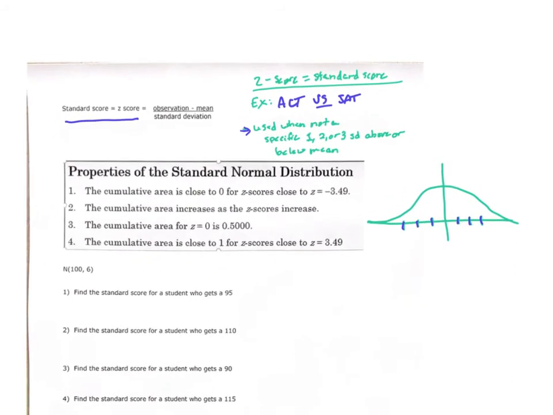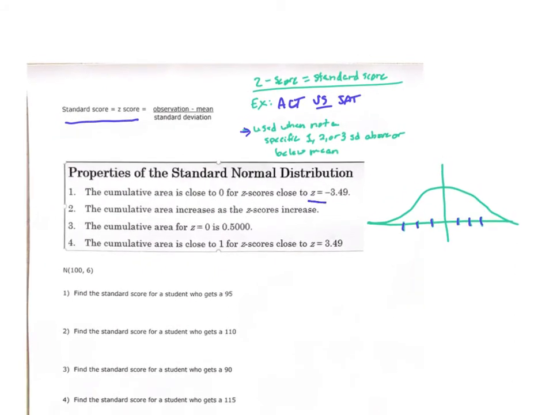Okay? So the z-score or the standard score is going to be written with this z is equal to. So this particular value right here, z is equal to negative 3.49. Because it's negative, it means it is below the mean. And this is saying that it's almost 3.5 standard deviations below the mean. So that would be about right here.